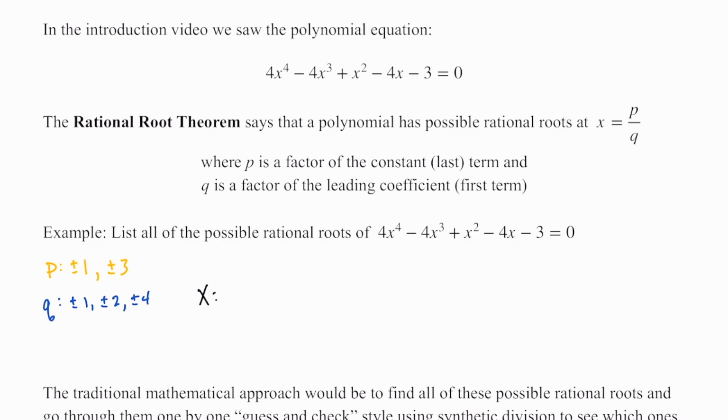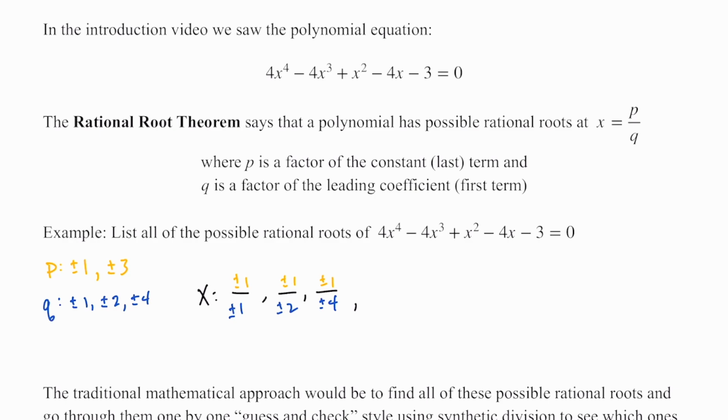Let's work with the 1 first. We'll have 3 different fractions: plus or minus 1 on top, and on the bottom plus or minus 1, plus or minus 2, and plus or minus 4.